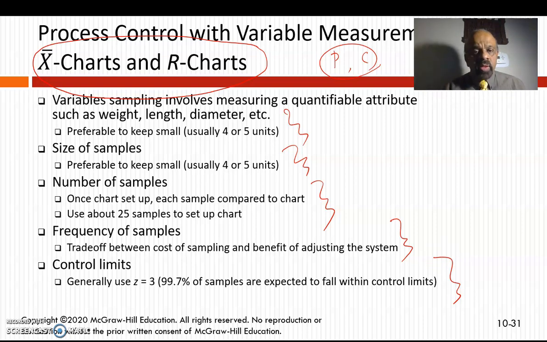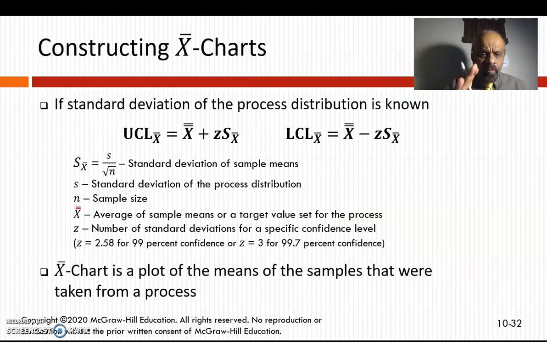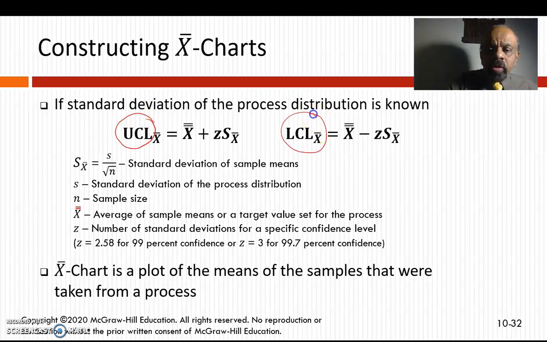So let's do some things with X chart and R chart. First, I'm going to define the upper control limit and the lower control limit. The upper control limit is typically the average plus a z-score times the standard deviation, whereas the lower control limit is the average minus the z-score times the standard deviation.